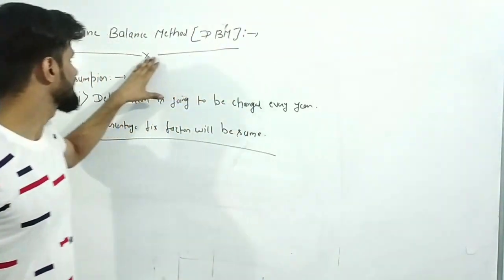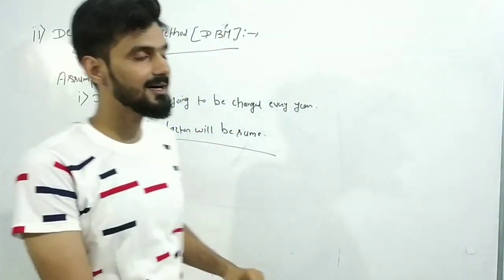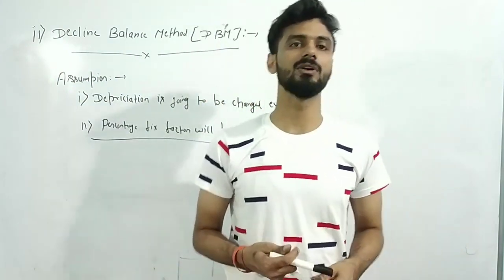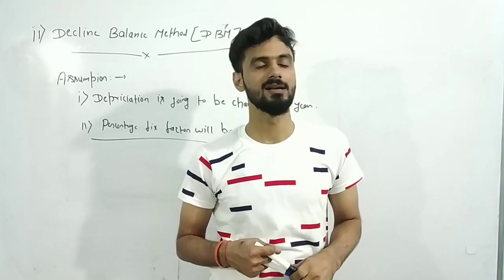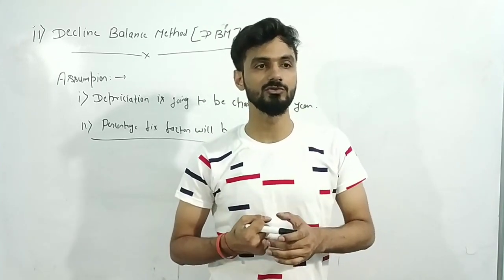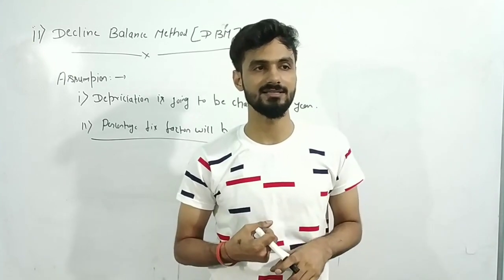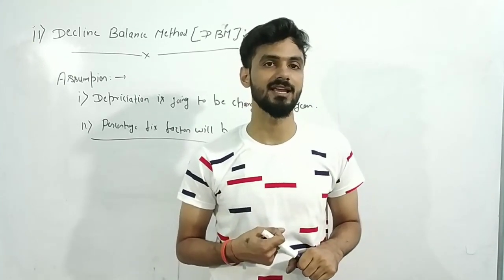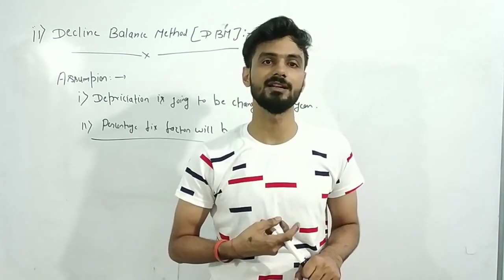Now understand one thing: where can we use the declining balance method? If you are going to use an instrument very vigorously in the early stage of its life, meaning you use it more and more early on, then you can use the declining balance method for that instrument.